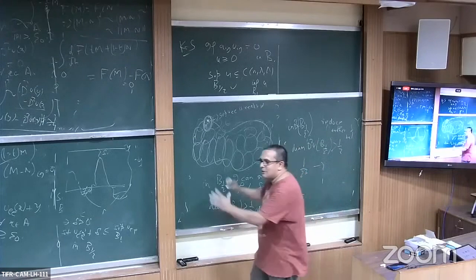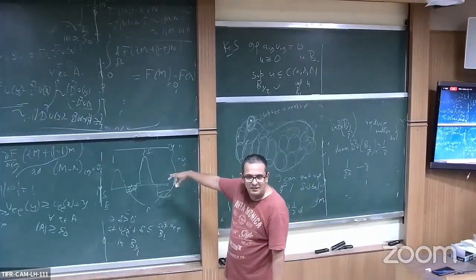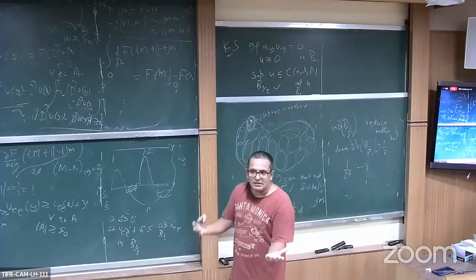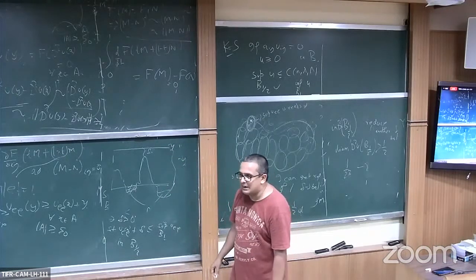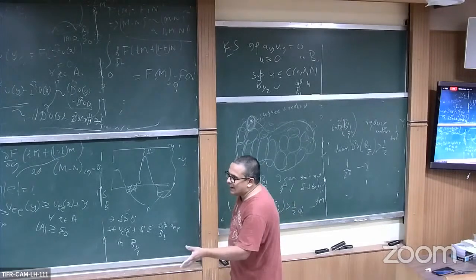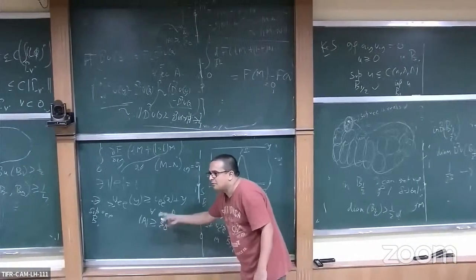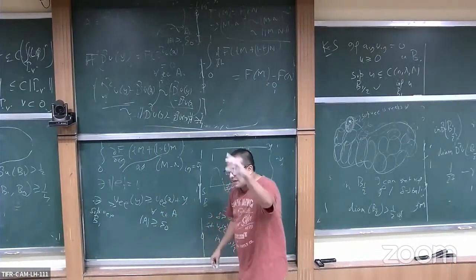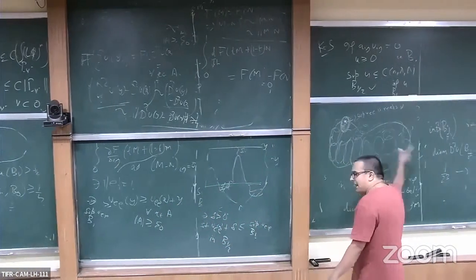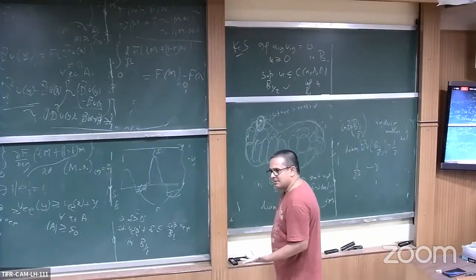So at some point, I will run out of my delta balls. And the delta is a kind of universal constant bounded from below by a positive constant. So at some k naught, I have to stop this process. That k naught depends only on delta, which depends on the ellipticity. So at some 1/2 to the k naught, at one dyadic scale, the diameter has to fall below half.